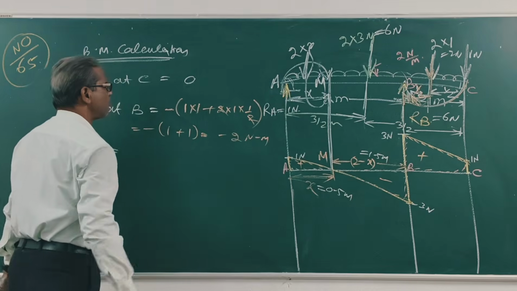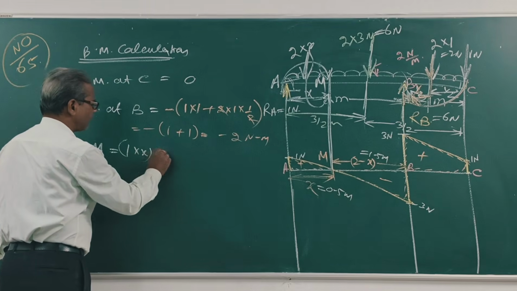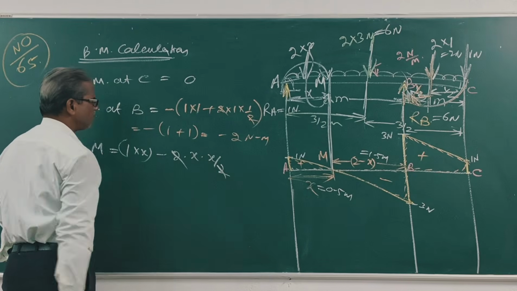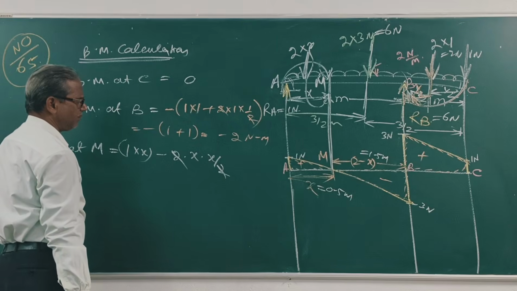Clear? 1 x minus 2 into x by 2. What is x by 2? 0.5 x square.